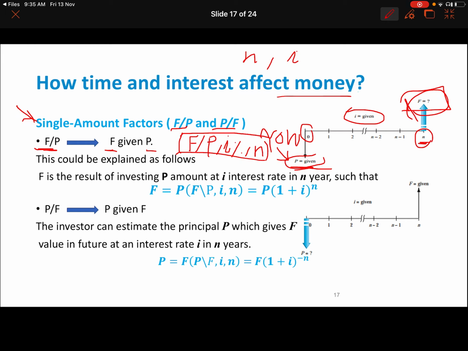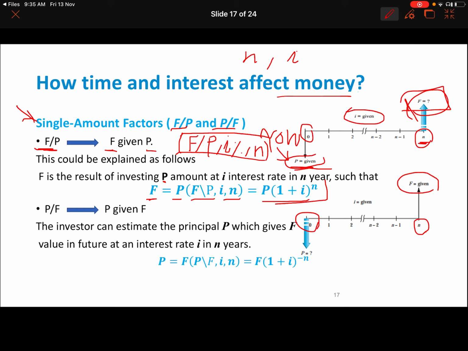Okay, so the result of investing P amount at interest rate I in n years is F equals P, F given P, I and N, which is P times (1 plus I) to the power N. Similarly, if the investor needs to gain an amount of money in the nth year, he needs to know how much he should invest right now.